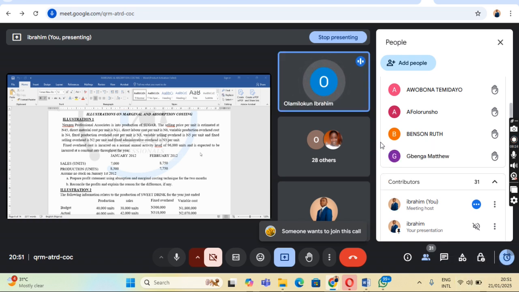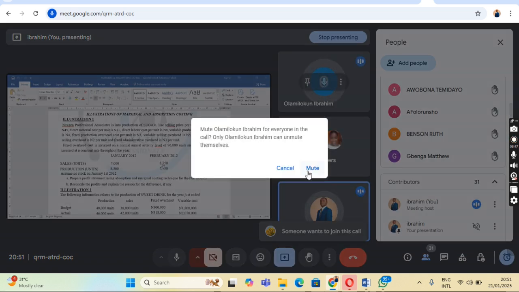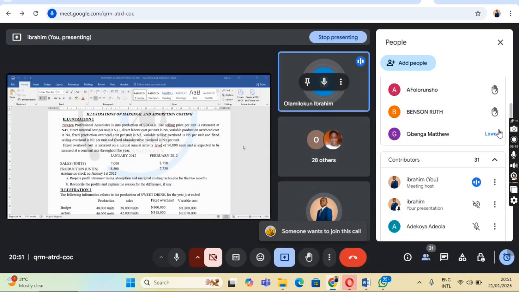Variable production overhead is that variable that varies alongside production, while variable selling overhead is a cost that changes with sales volume. Interesting. Well done. Now, that's good.